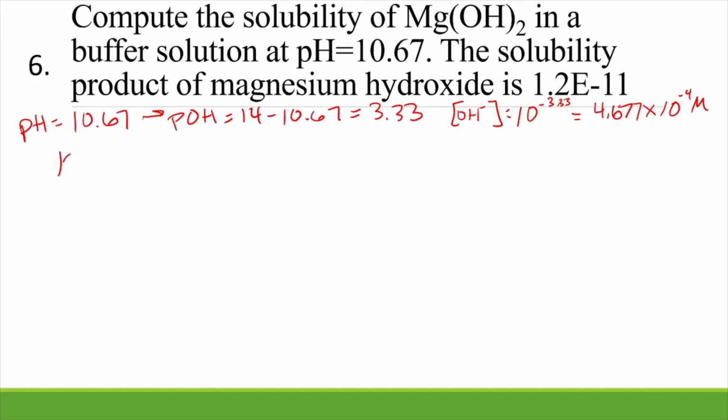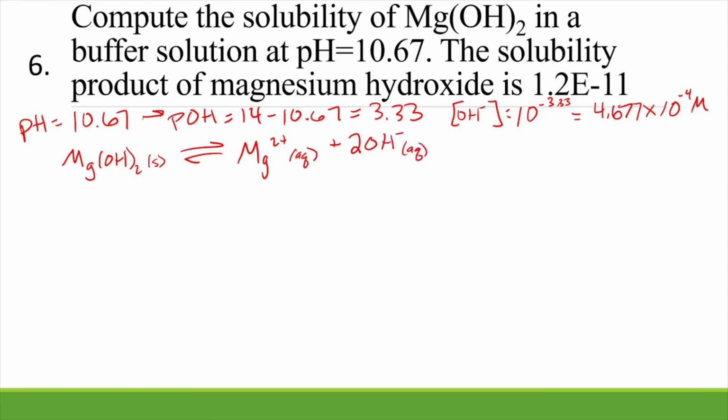And we know that Ksp, well, let's say we're not quite sure on Ksp. Let's first write the reaction that's happening. So Mg(OH)2 is going to become Mg2+ plus 2OH-.